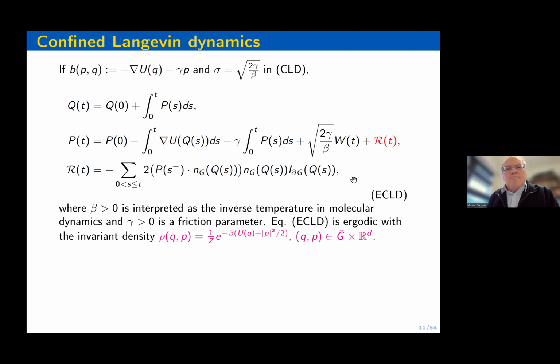Under appropriate assumptions on U, say U is smooth, boundary is smooth, the solution to this SDE is ergodic, with invariant measure again taking Gibbs form. However, Z here depends on the domain. So the geometry is hidden in the normalization constant, and if you think, say, of a picture of density in the whole space and a picture in a bounded domain, they are quite different.